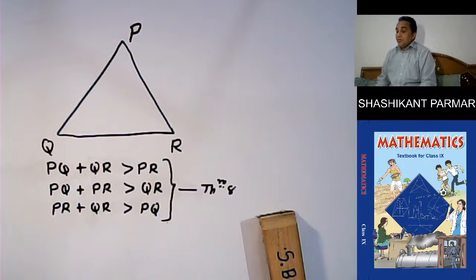That means the sum of any two sides of any triangle is greater than the third one.